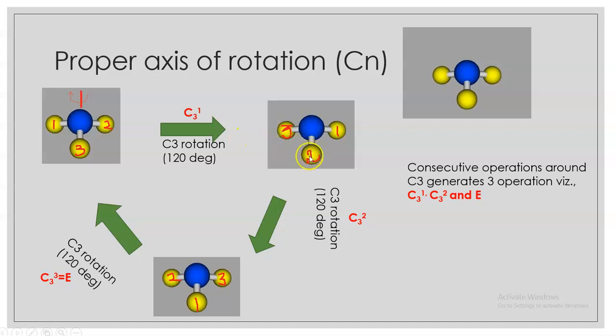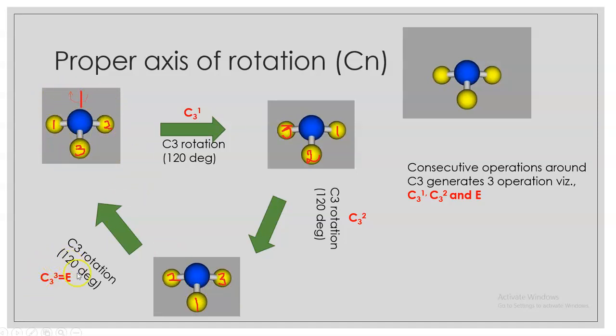So once again, when you are going to rotate it 120 degree, so you are performing C3-2, that is, you are rotating around the C3 axis for the second time. So this is called as C3-2. So you are getting a new appearance which is different from that of these two. Once again, when you are performing a C3, once again rotation through 120 degree takes place, and you are getting the molecule which you took already, that is identity.